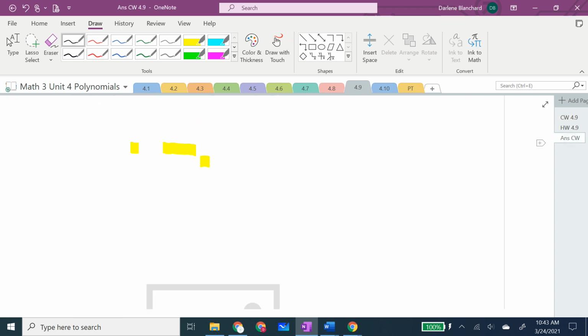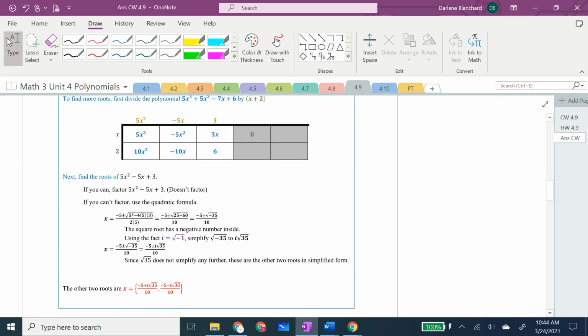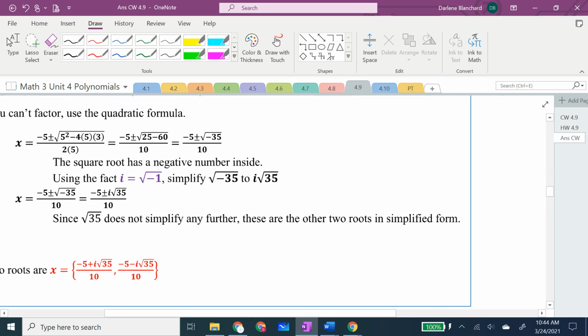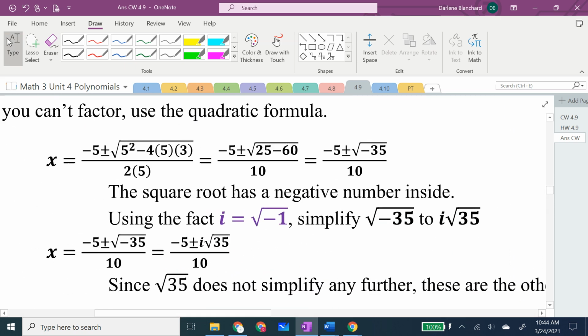Looking at the time, I'm going to just head straight over here. I want to point out that we end up getting a negative number under the square root.